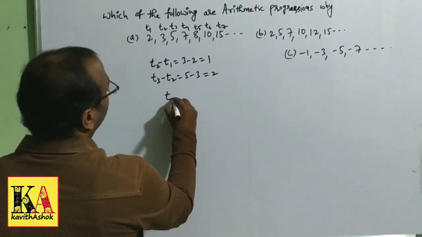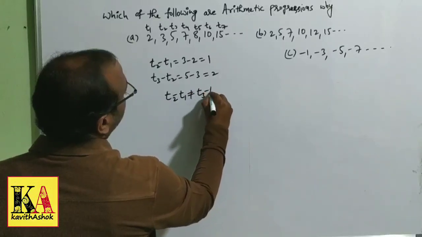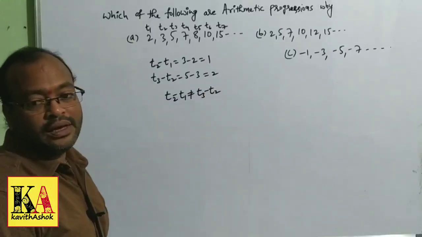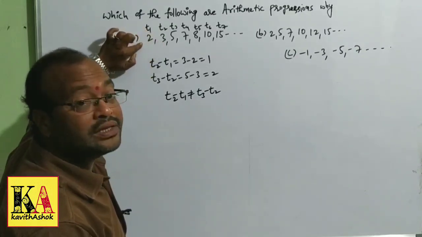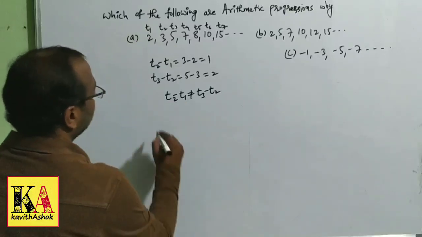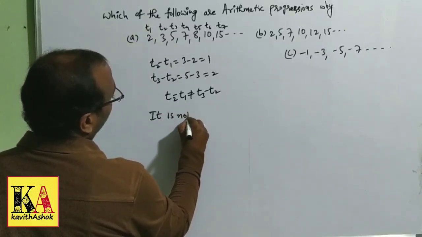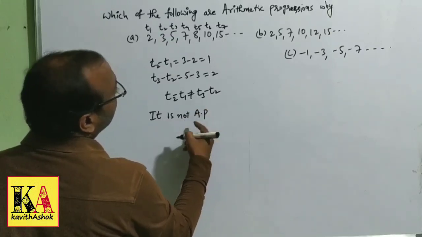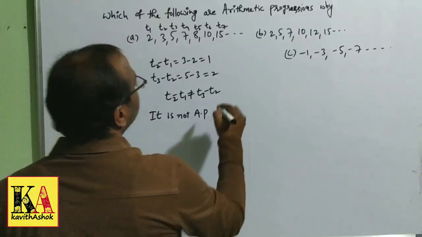So T2 minus T1 is not equal to T3 minus T2. The differences are not the same, so it is not in AP. The shortcut form of arithmetic progression is AP. So it is not AP. Go for the second.